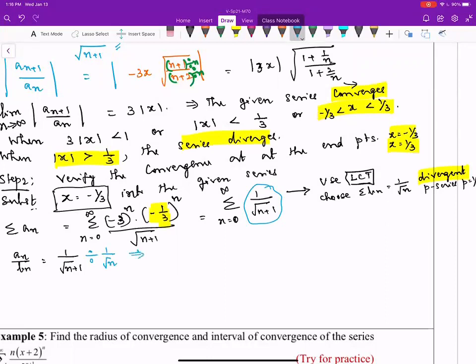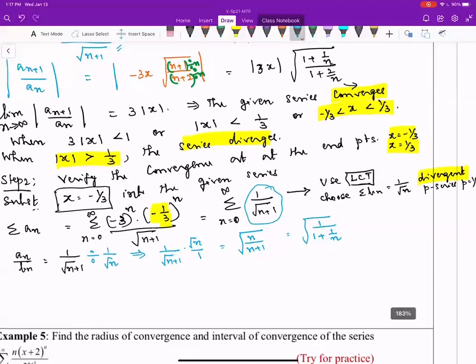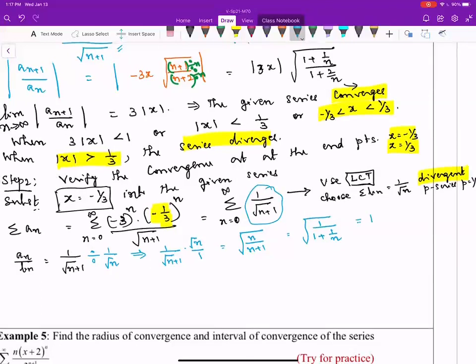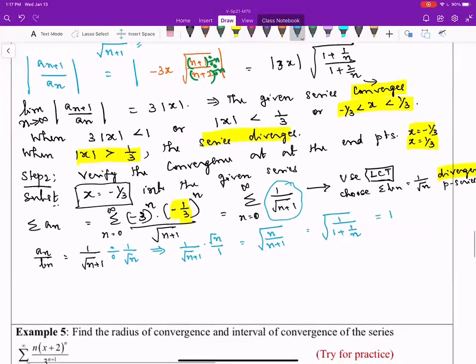So which means you get 1 over square root of n plus 1 over square root of n over 1. If you flip and multiply, it's n over n plus 1. If you divide the numerator and the denominator by n, you will get 1 over 1 plus 1 over n, which is equal to 1 as n approaching infinity.